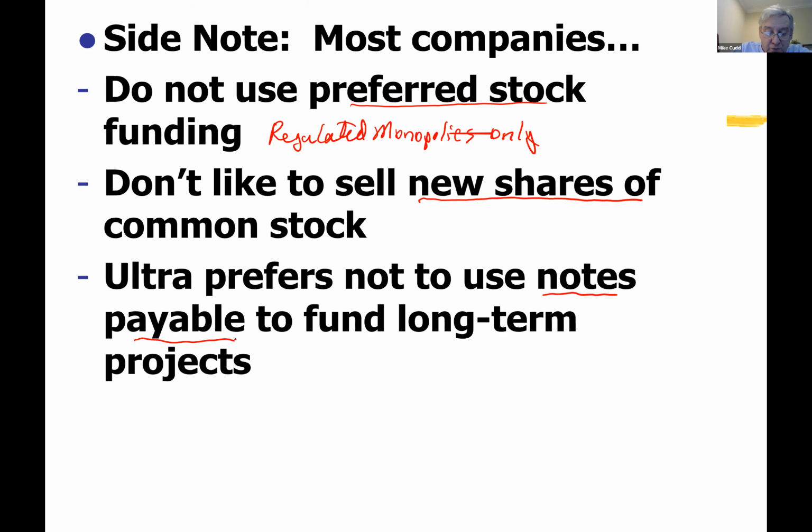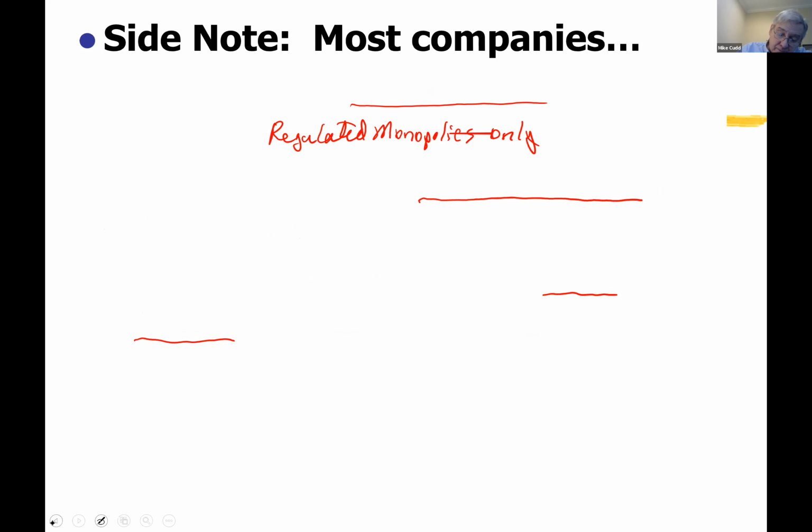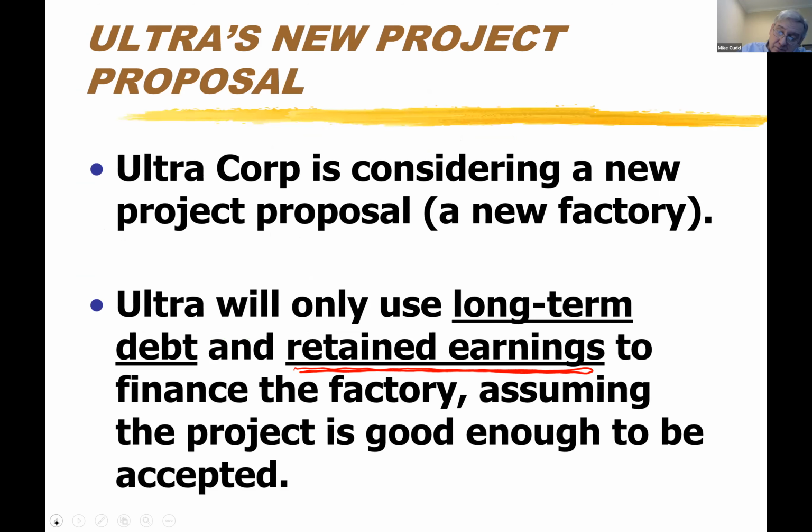It doesn't want to use notes payable, short-term funding to fund long-term projects. So to back up, Ultra will only use long-term debt and retained earnings, like most companies.